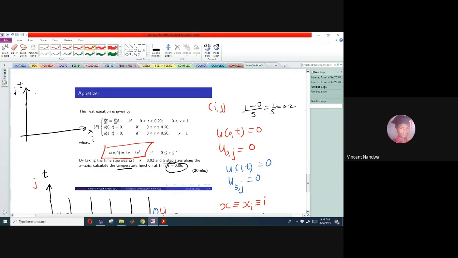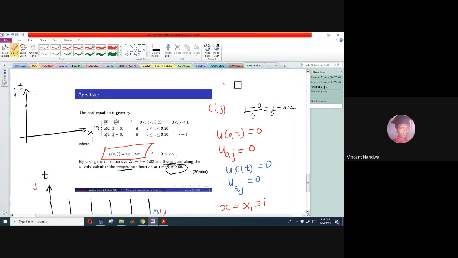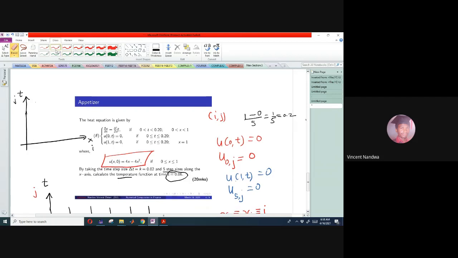Now remember, when they tell us u(x, 0) equals 4x minus 4x squared, in difference notation we can write this one as u(x_i, 0) equals 4x_i minus 4x_i squared.